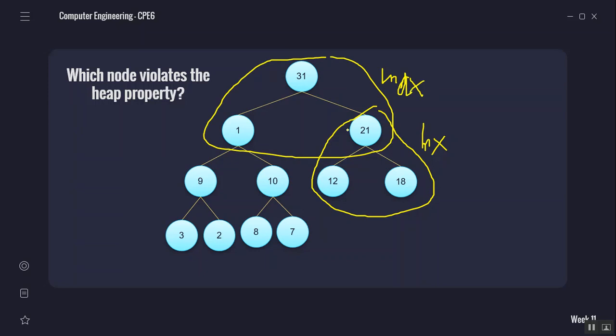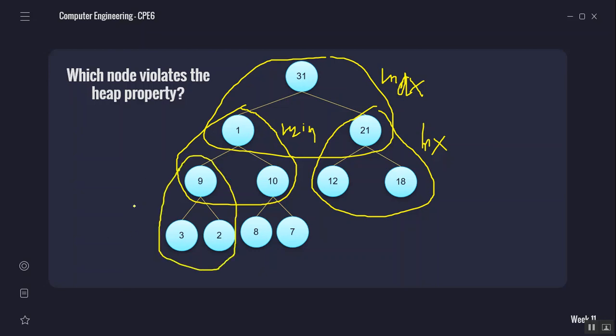Now if we look at part of the left subtree, this is a min heap. And how about this one? This is a max heap because the parent is greater than its children. And then we also have this part, which is also a max heap.